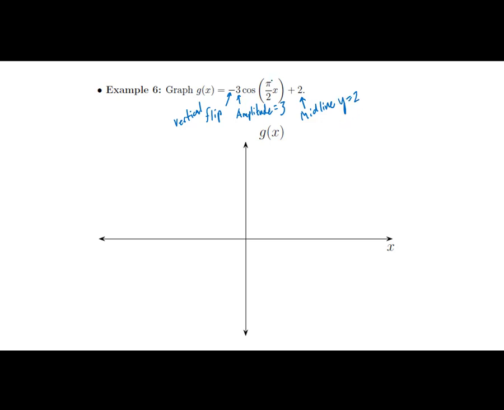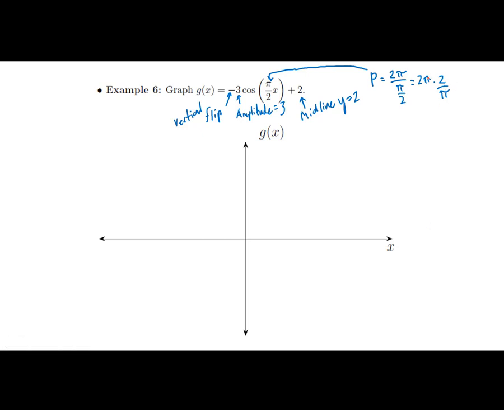And then the only other part is this pi over 2. Remember, that is giving me information about my period. The period is equal to 2 pi divided by pi over 2. So that's 2 pi times the reciprocal of pi over 2, and the pi's cancel.